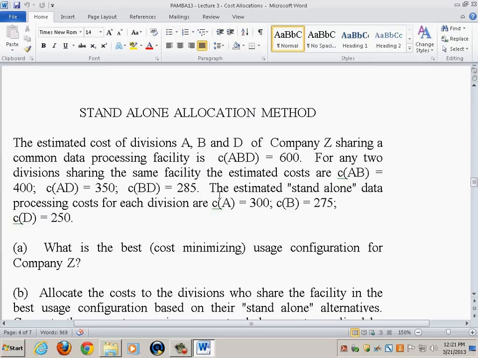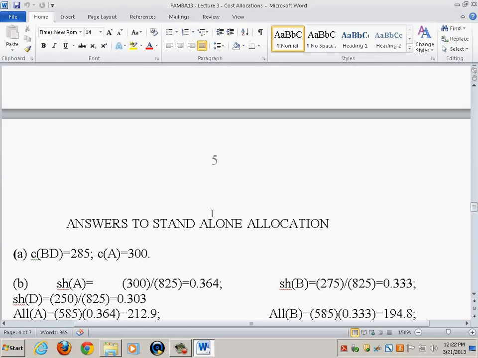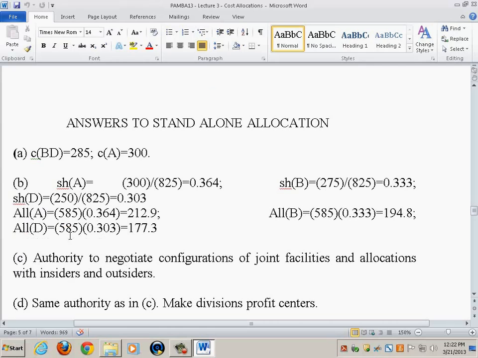So let's assume that, given that, they decide to go to the configuration of B and D sharing and A going it alone. So based on a standalone basis, they agreed, and what happens, how much do they have to allocate among the three of them?